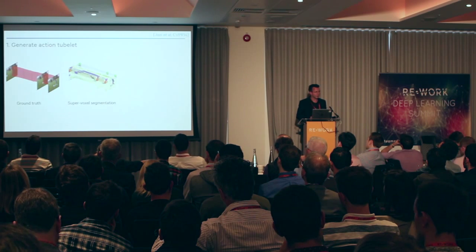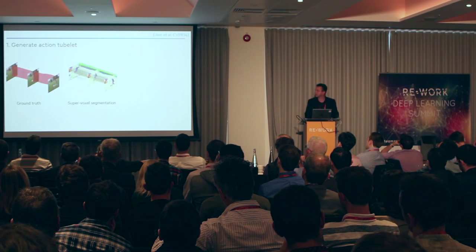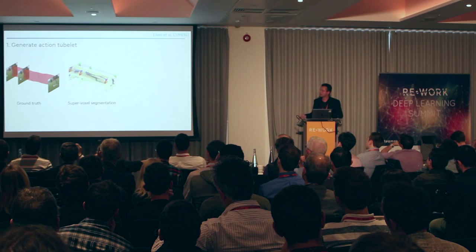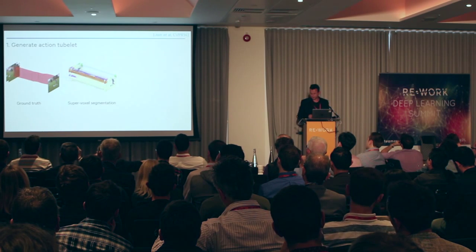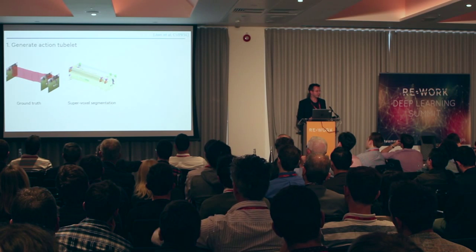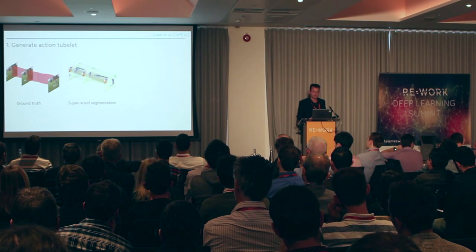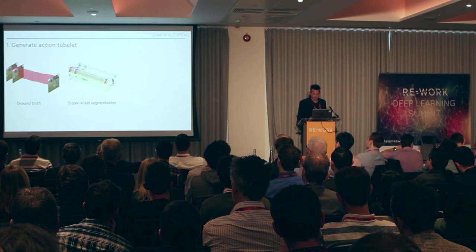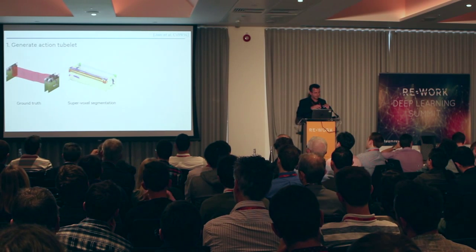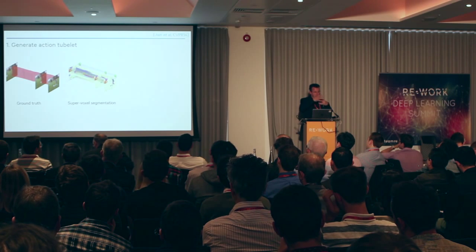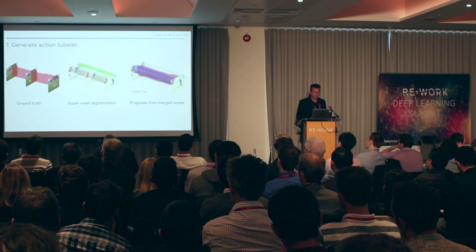Now, what we do is we perform a supervoxel segmentation on the video. It generates an over-segmentation of the video, and those supervoxels can be grouped. So we group them by several criteria, like similarity in color, texture, size, and so on. And then around those supervoxels, you can put a tube. So you get a set of tubes like this.